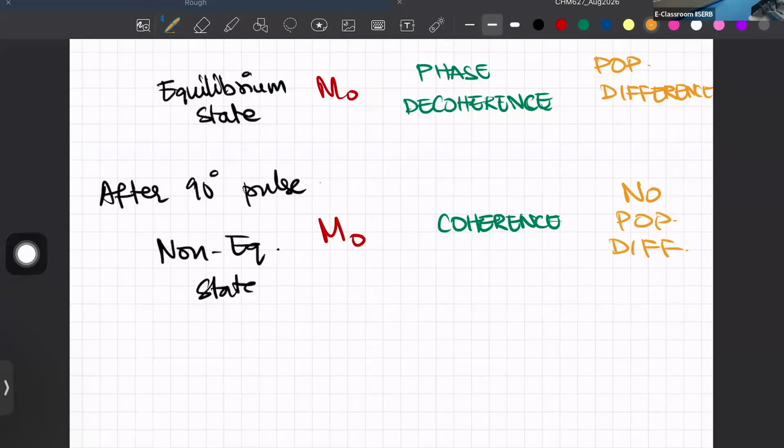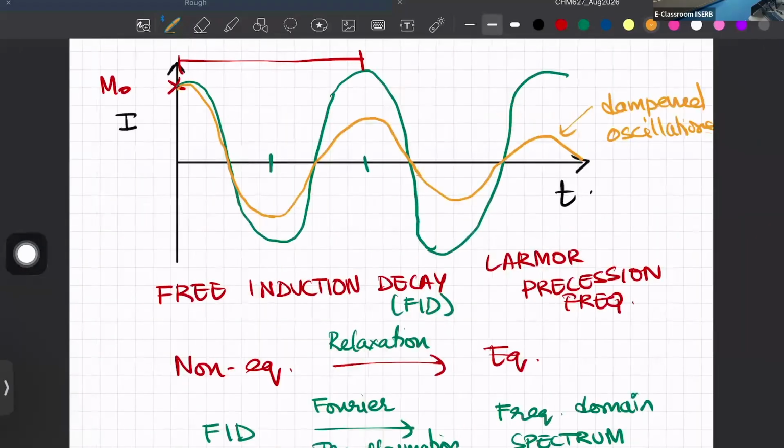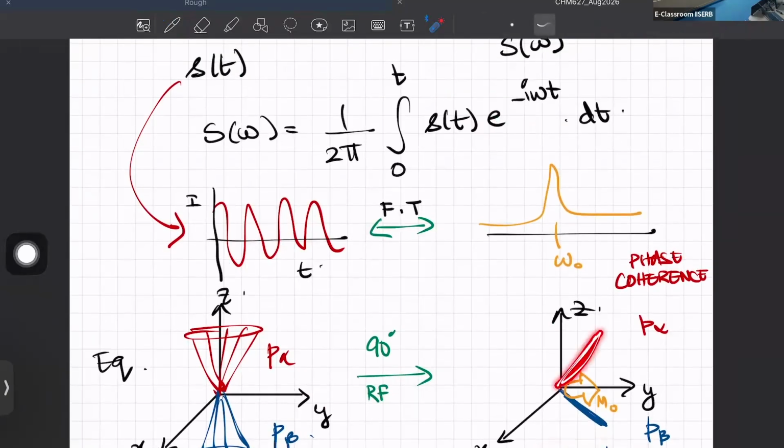Now, if we ask ourselves why the length of the magnetization M naught decreases as a function of time, the answer is straightforward. Remember, you have created a non-equilibrium state, not just in terms of population, but also in terms of phase coherence. These guys are not happy being wherever they are because energy was supplied to make them bunch up together.